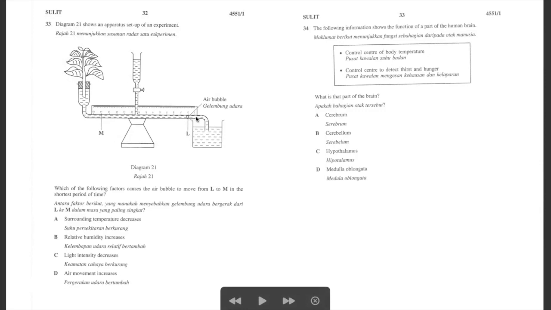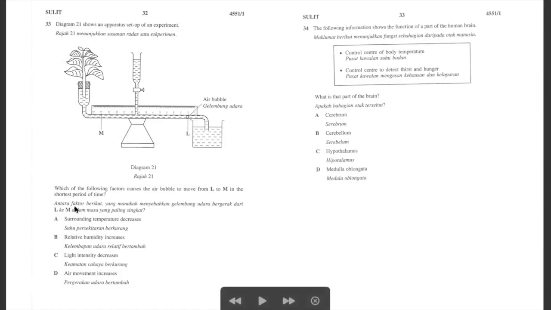Bila ada pergerakan air, adanya pergerakan air bubble. So dia cakap kat sini, what is the factor? Okay, maksudnya what is the factor that can affect photosynthesis? Okay, jawapan dia adalah D. Okay, the air movement increase. Okay, itulah jawapan dia.